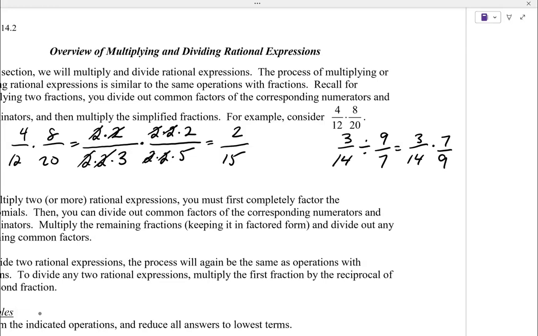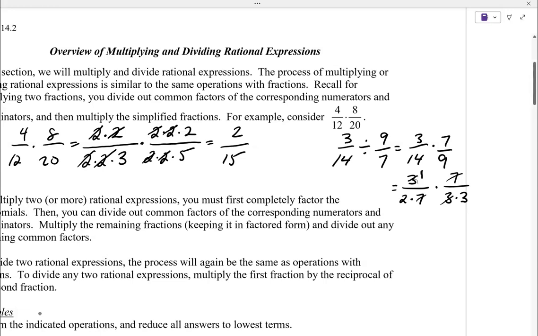And now again, we look for common factors. We can write 14 as 2 times 7. We can write the 9 as 3 times 3. Do you see anything that divides out in this case? Yeah, one of the 3's here will go with one of these, right? Leaves a 1 when we divide that one out. What else does?